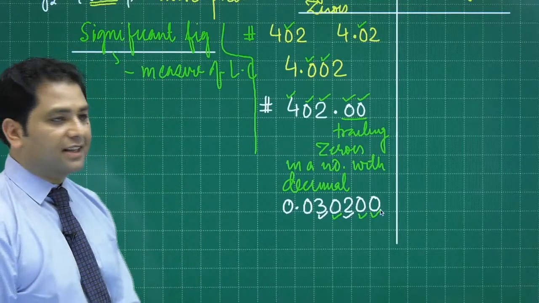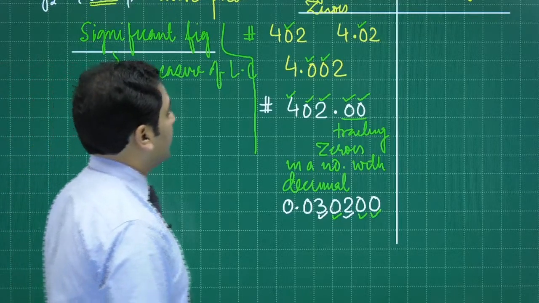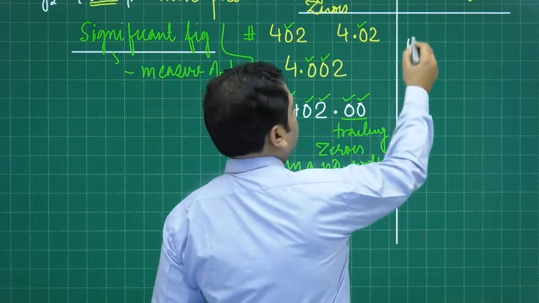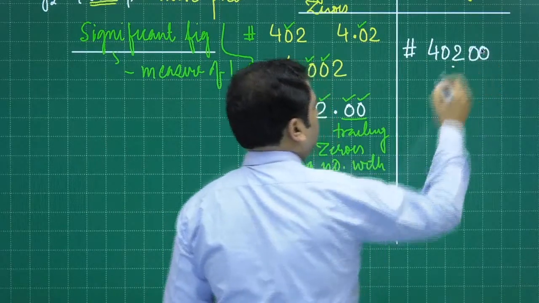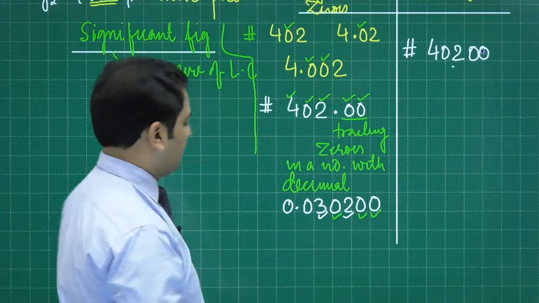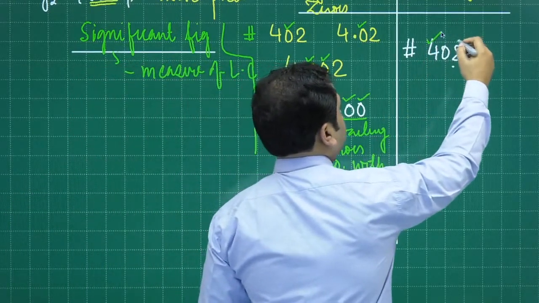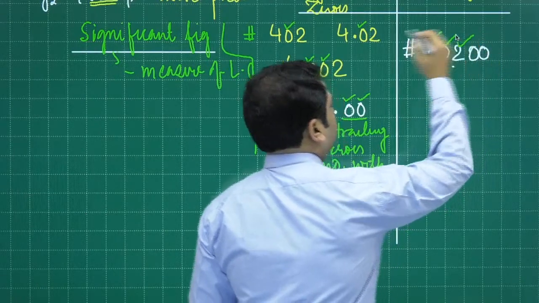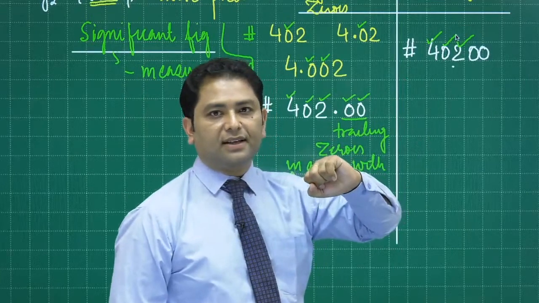Now after that, let's go for non-significant zeros. In the case of non-significant, this is the case: 40200. Now you need to understand. Let's try to see. The 4 and 2 are non-zero, so they are significant.